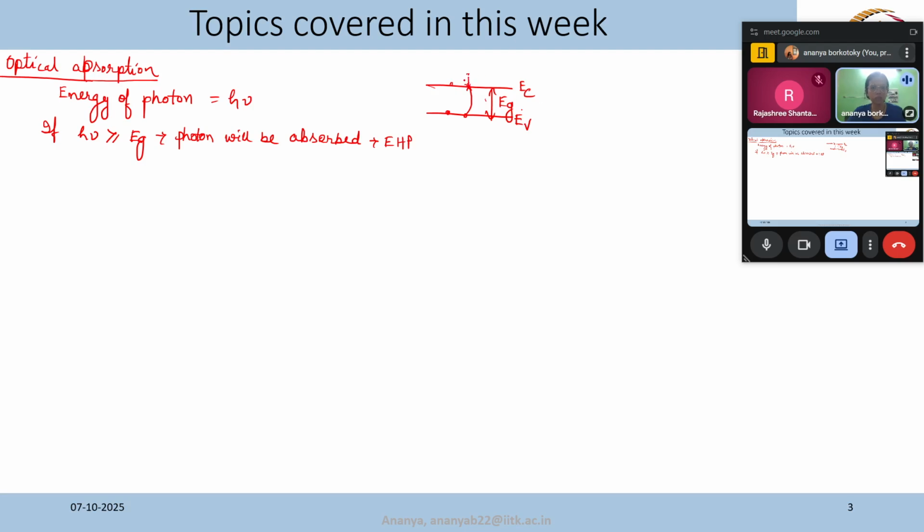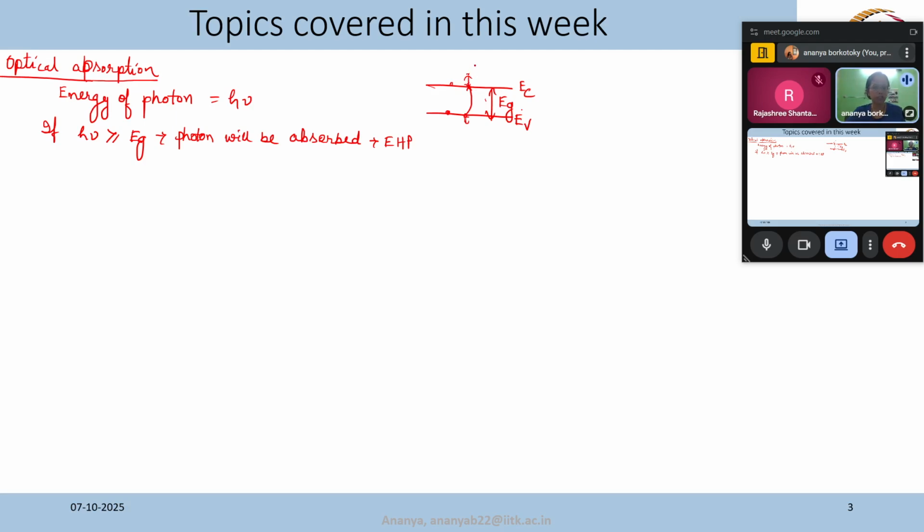This is the kinetic energy of the electron, and similarly the excess energy, h nu minus EG, will be divided between this electron and hole. So the electron will get some kinetic energy and the hole will also get some kinetic energy. The hole will move deep into the valence band, and the electron will move up in the conduction band.